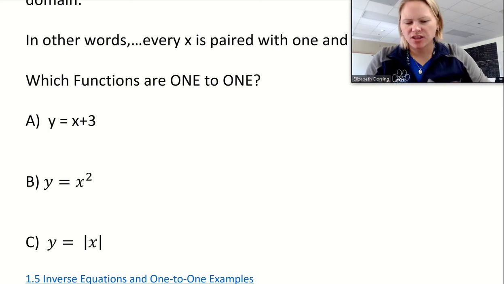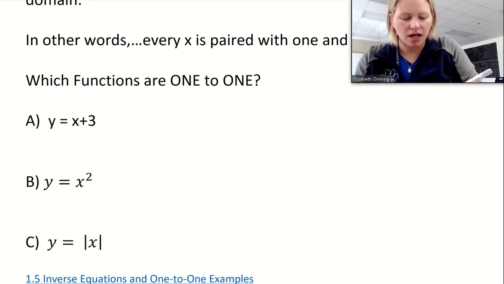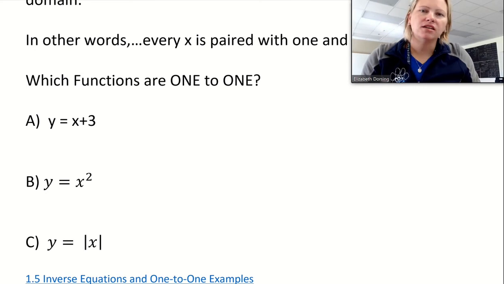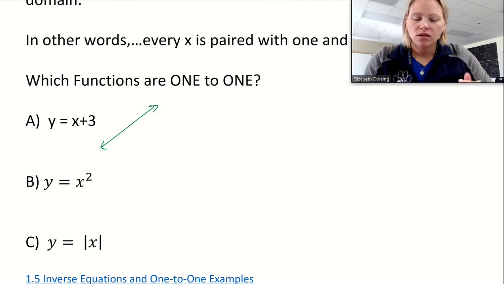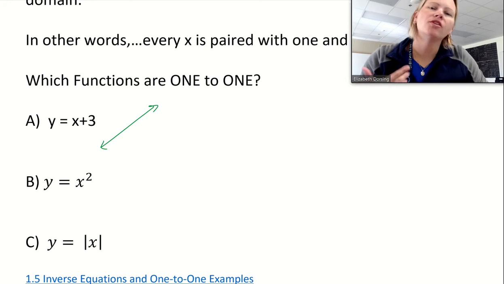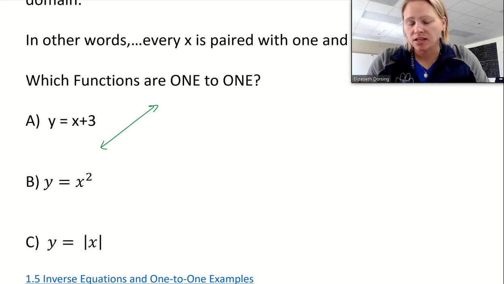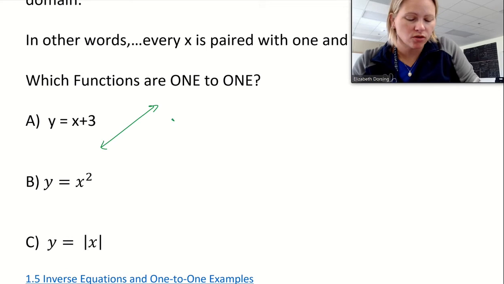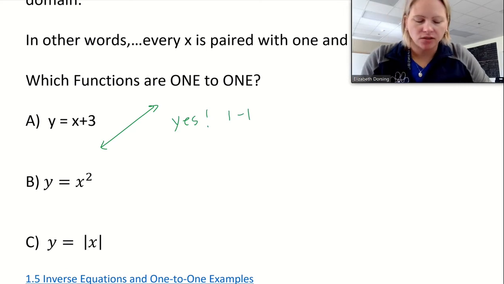If I think about the graph, this is a linear function here, there's no way that I can get multiple values back when I plug in an x number. For example, I can plug in 5 and I'm only going to get 8. There's no other x value that will give me an answer of 8. So this function, and as a matter of fact all linear functions, are one-to-one. That's going to be my little notation.